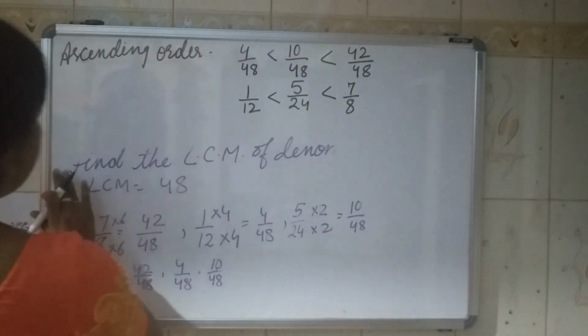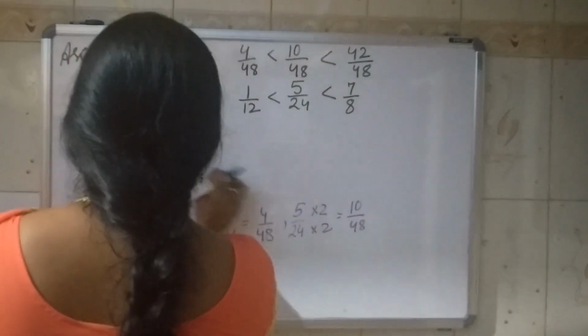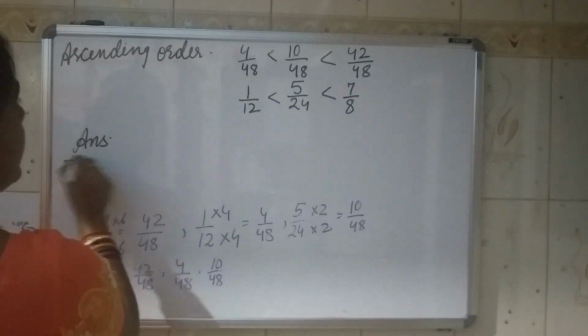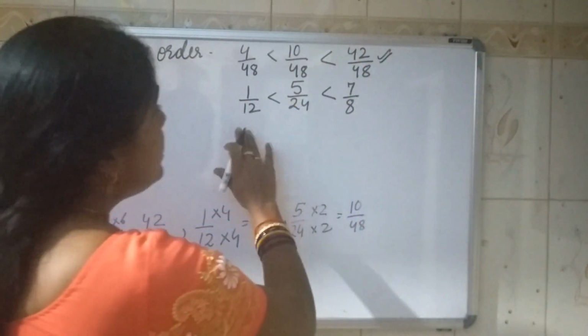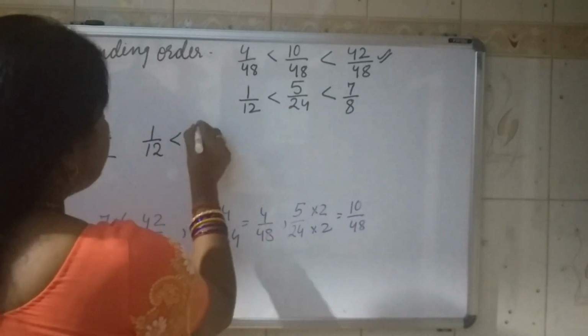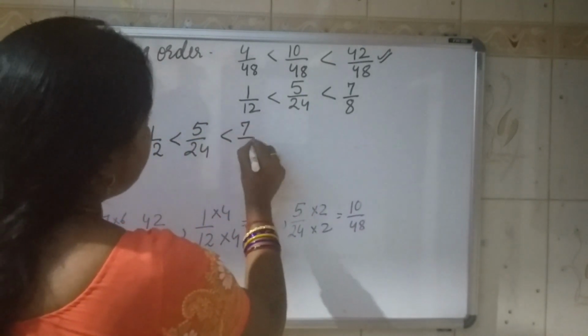So the answer is, if we have to arrange in ascending order, this is not the answer, this is the calculated value. This is the answer: 1 upon 12 is less than 5 upon 24 is less than 7 upon 8.